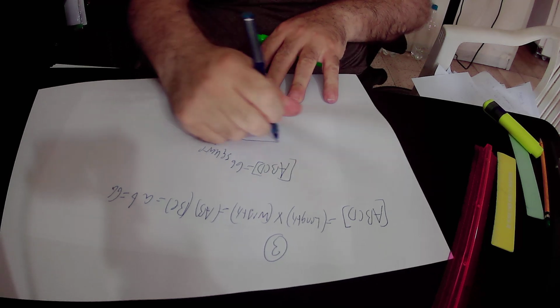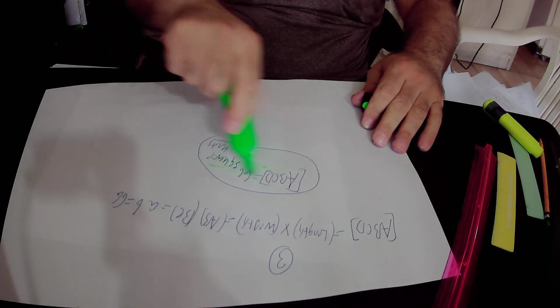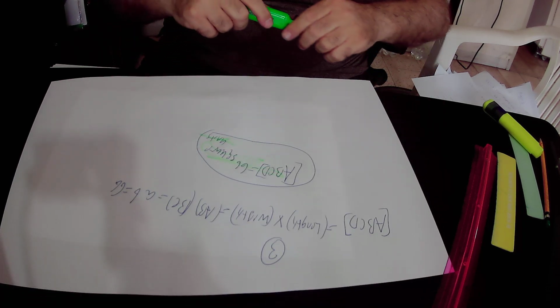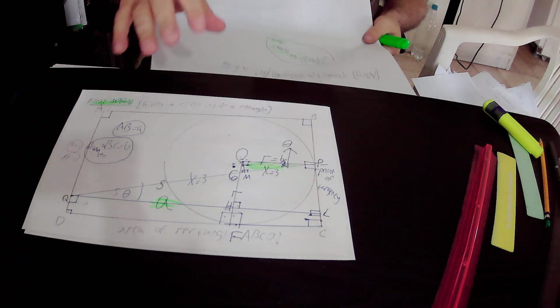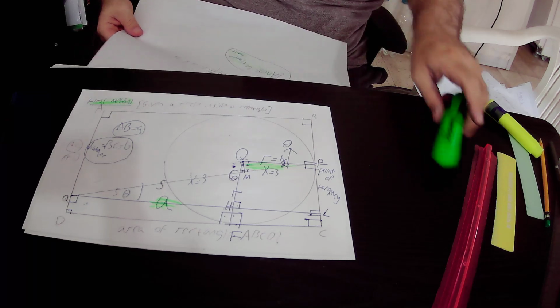Okay. We finished with the first method. Here the area of this rectangle ABCD equals 66 square units.